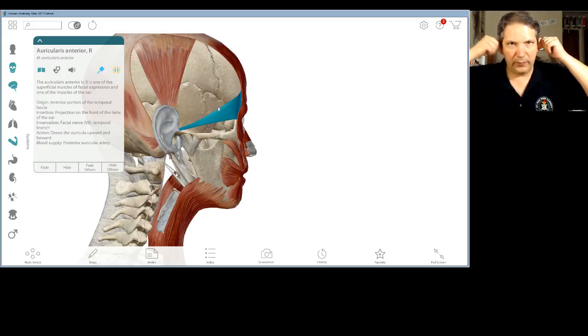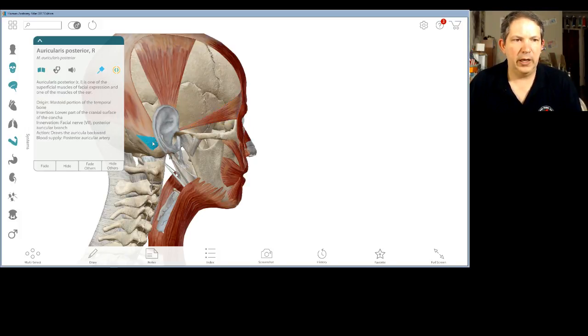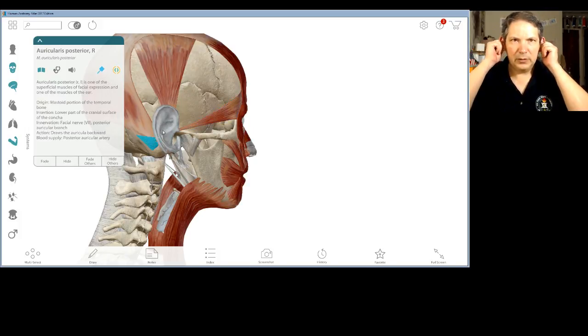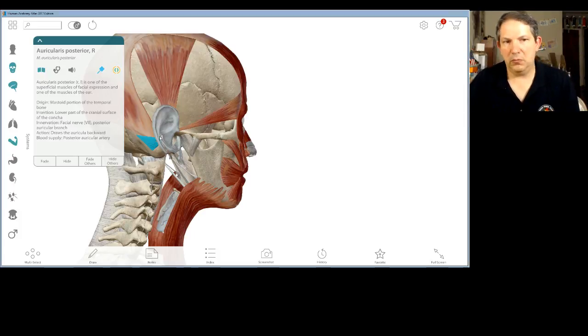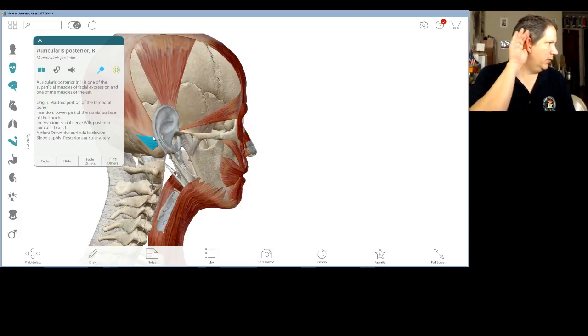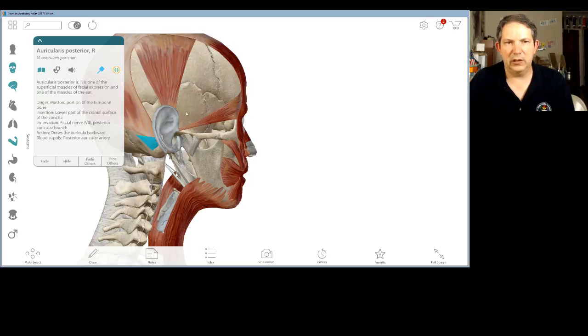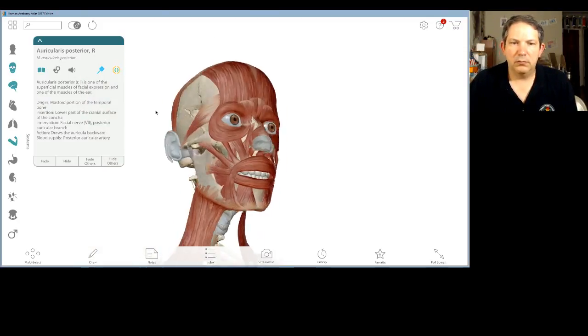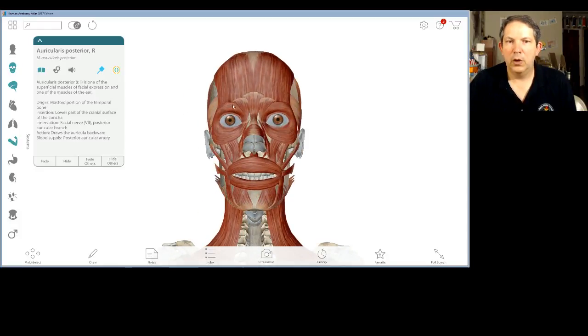But we just don't have very good ear control. We have these little wimpy ears compared to most mammals. And we have an auricularis posterior that's going to draw the ear backwards. Basically, you can think of a dog or a rabbit or something. It can move its ears to locate sounds better.